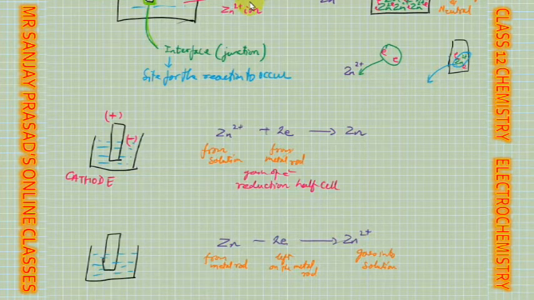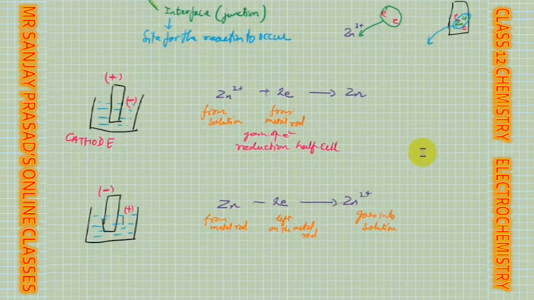From the metal rod, the zinc goes, it leaves 2 electrons. That means on the metal rod you have 2 extra electrons. That means the metal rod now becomes negative, and the zinc ion goes into the solution, so the solution becomes positive. So the metal rod is negative, the solution becomes positive.